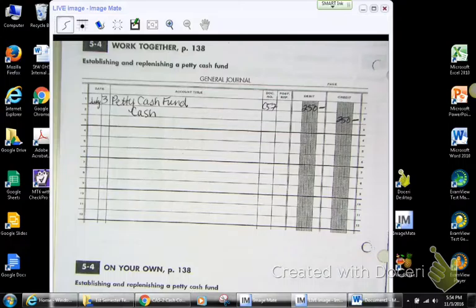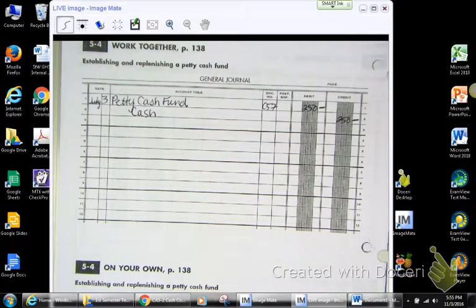So what they did is they paid cash. Again, we're going to go to our bank account and pay cash out of our bank account to replenish the petty cash fund for $78. So the total amount is $78. The accounts that are going to be affected are supplies for $25, miscellaneous expenses for $8, and repairs for $45.